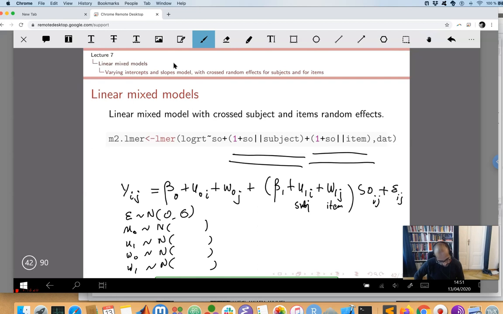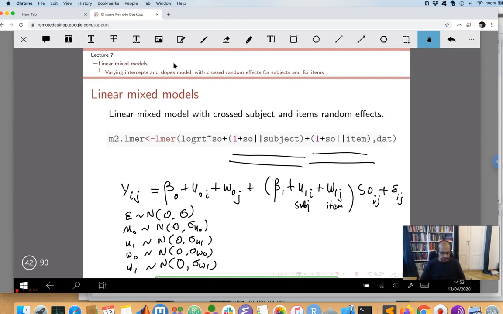The model assumes that all of these adjustments have mean 0 and some standard deviation: sigma U0, sigma U1, sigma W0 and sigma W1. This is the full formal specification of the crossed subjects and items random effects model.